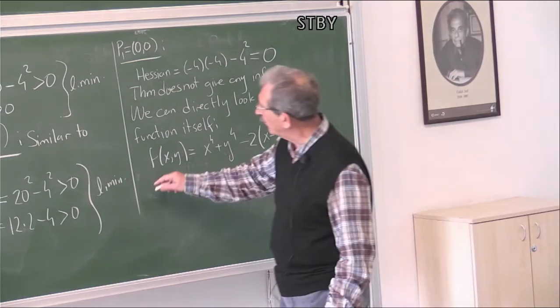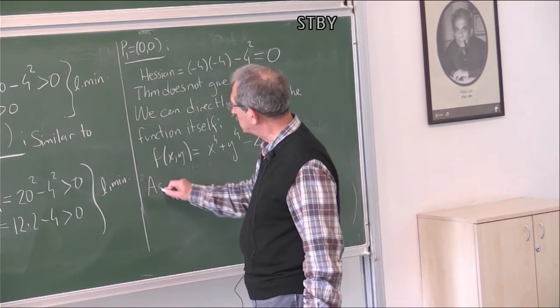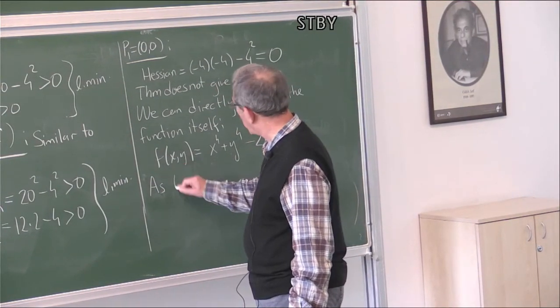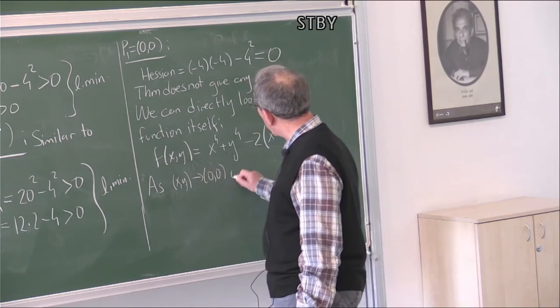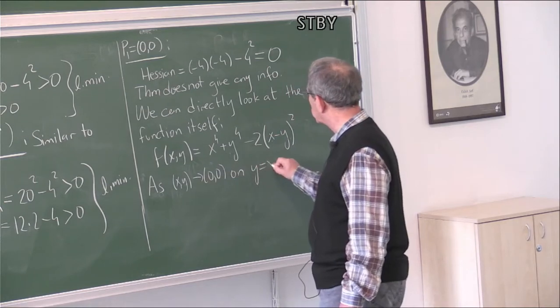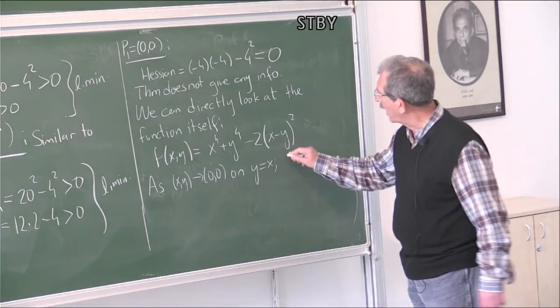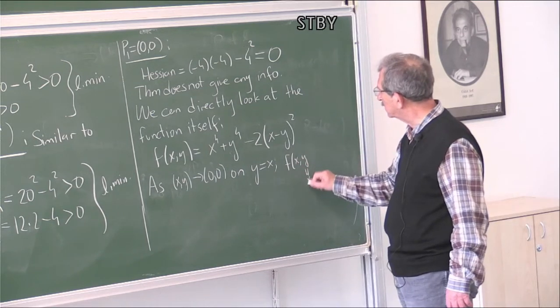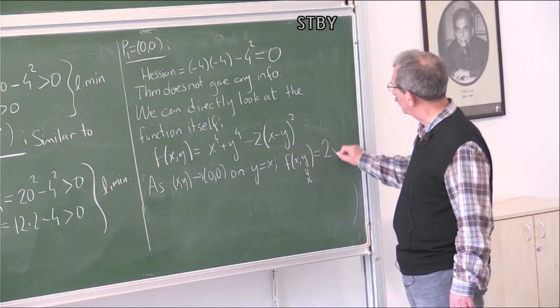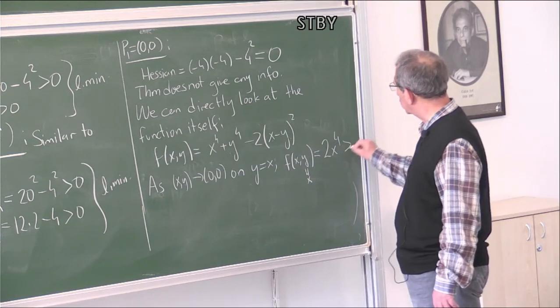Well, so, okay, as (x, y) approaches 0, 0 on the line y equal to x, f(x, y), but y is x, would be 2x to the fourth, which is always non-negative.